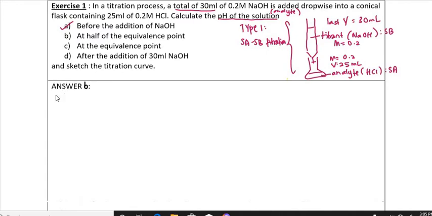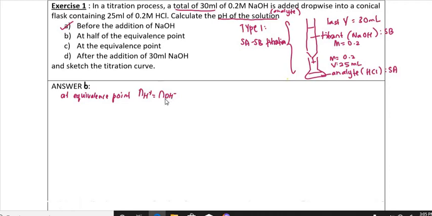So what I want to do is at equivalent point, mole acid with symbol H plus is equal with mole base with symbol OH minus.